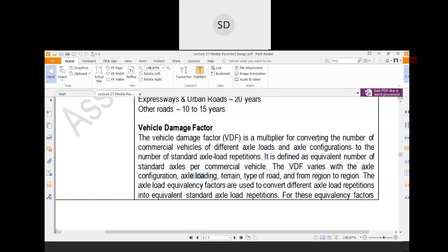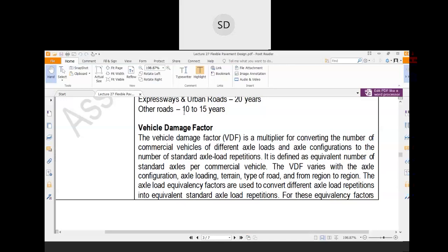Now the VDF varies with the axle configuration, axle loading, type of terrain, type of road and from region to region. As PCU changes from vehicle to vehicle, based on different road sections, whether in urban section or in rural section, similarly, based on different factors, your vehicle damage factor will also be changing.